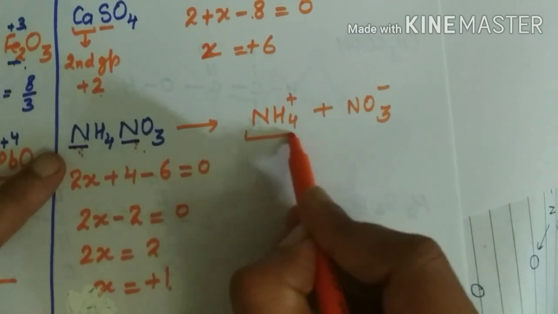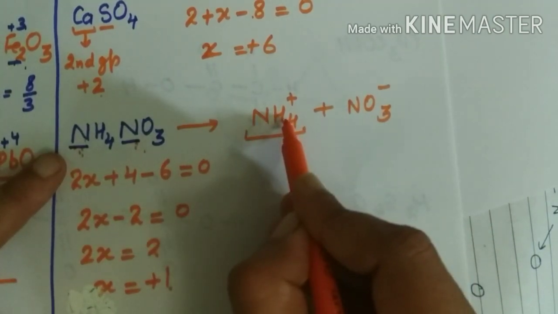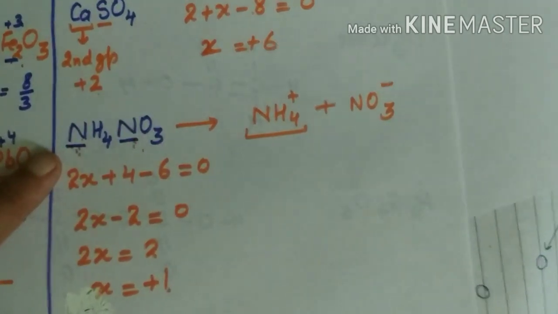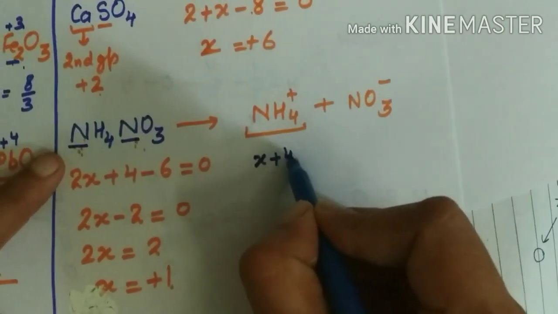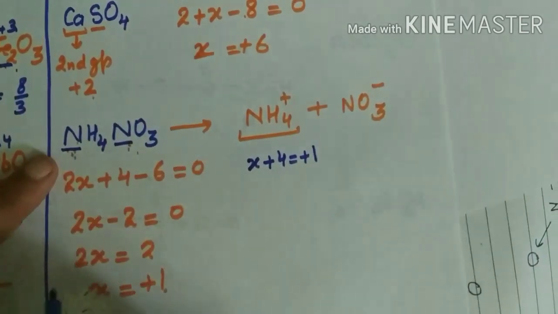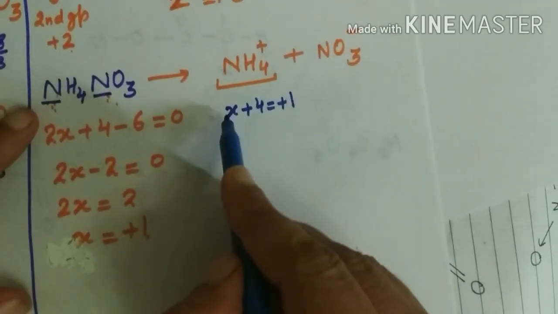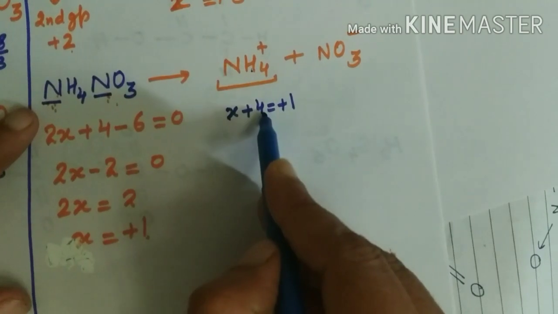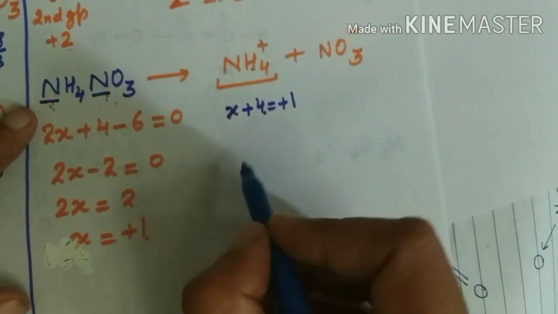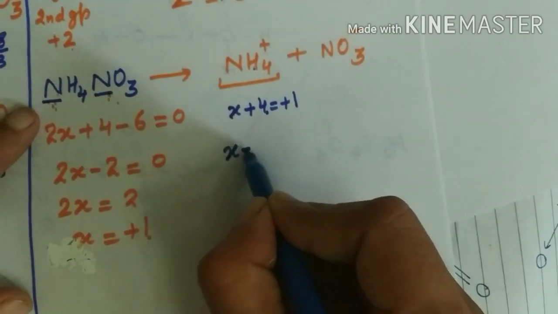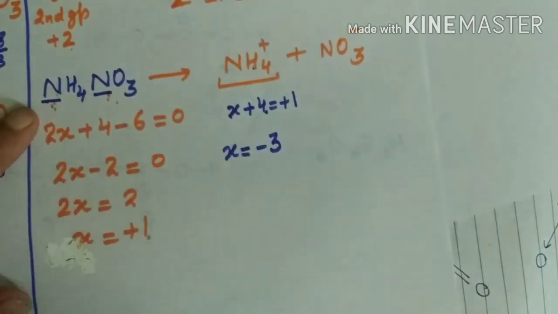If we have to find the oxidation state of nitrogen in this compound, how do we calculate? In NH4+, X plus 4 is equal to +1. Nitrogen is X, hydrogen is +1, so +4 I have written, and the ion has a +1 charge. So X is equal to -3.